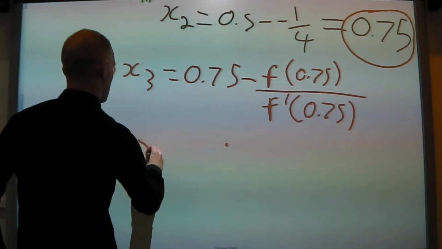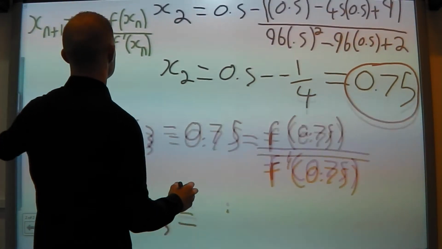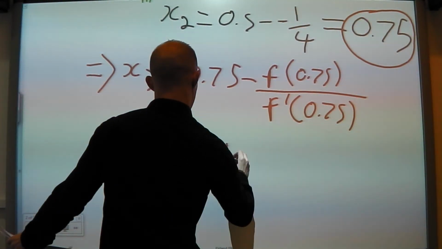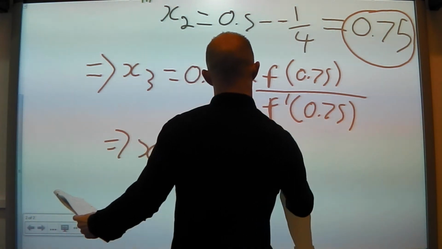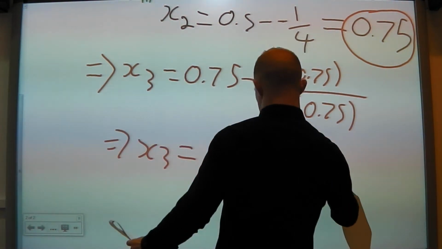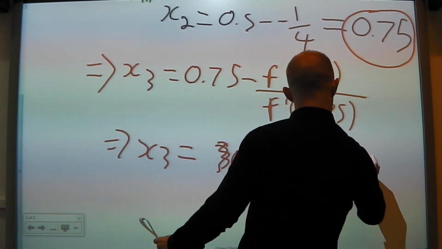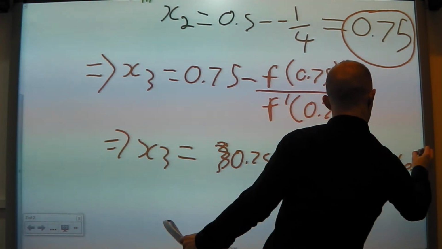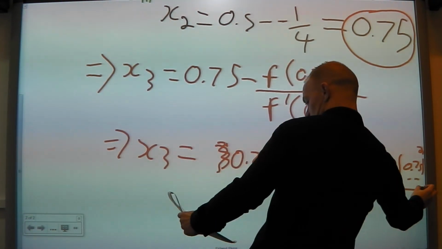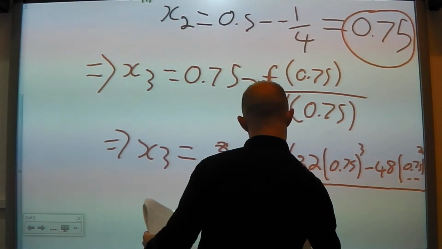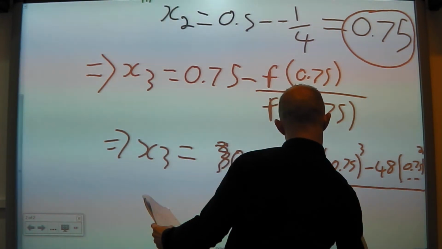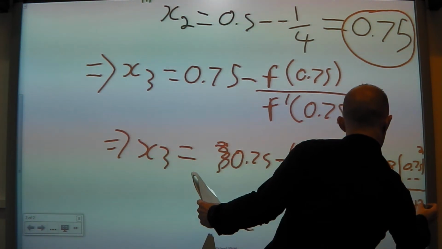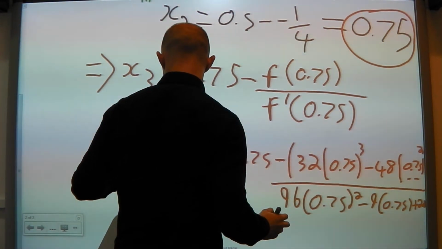So it implies x3 is equal to 0.75 minus bracket 32 times 0.75 all cubed minus 48 times 0.75 squared, and so on and so forth. All that divided by your f dash of 0.75, which is 96 times 0.75 squared minus 96 times 0.75 plus 20. And that works out to be 0.5.